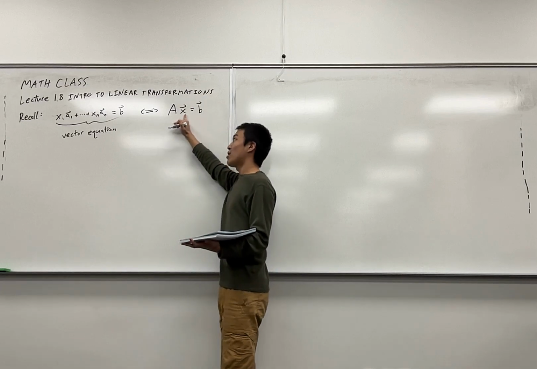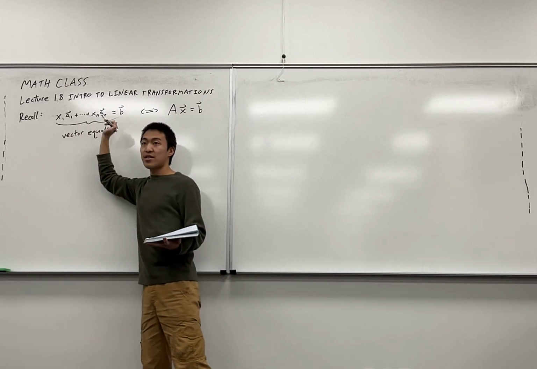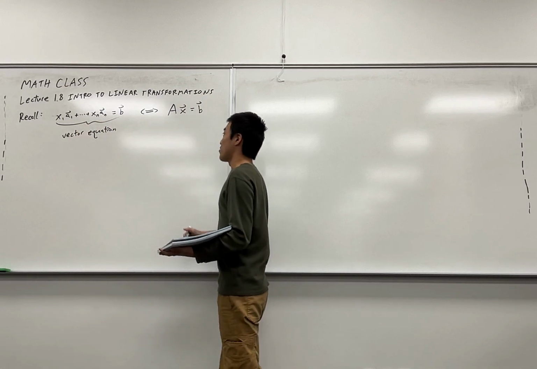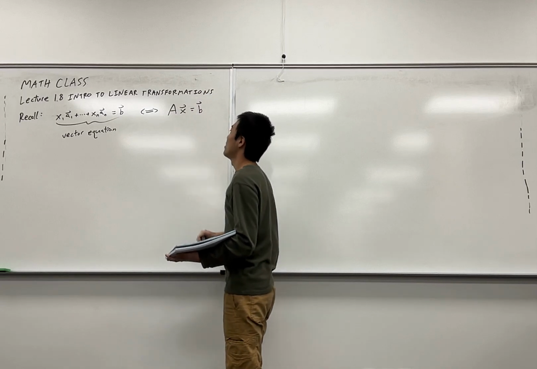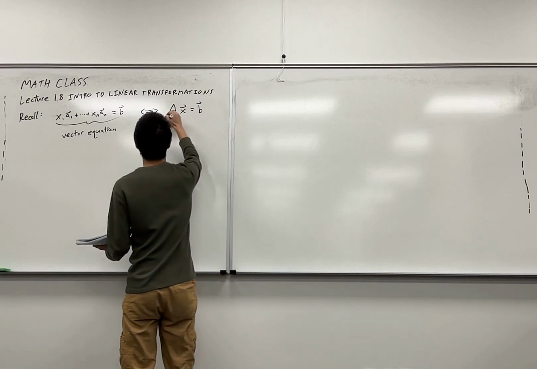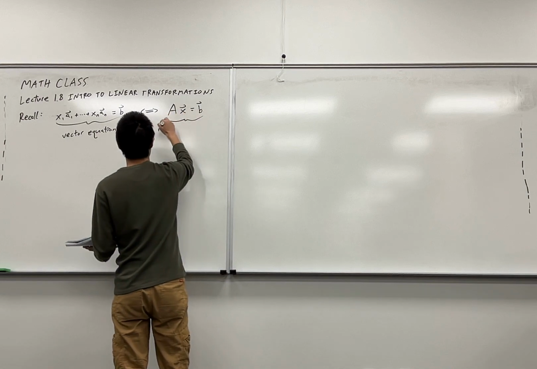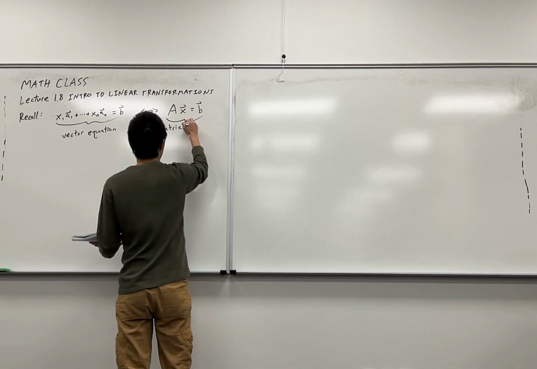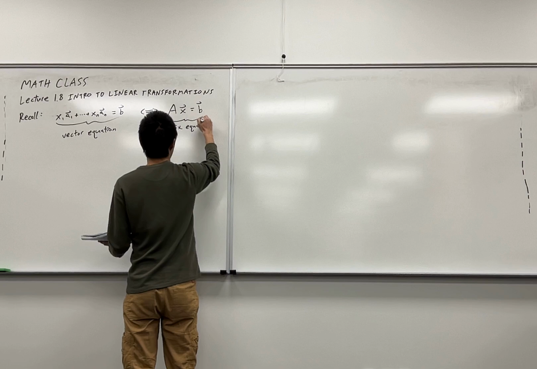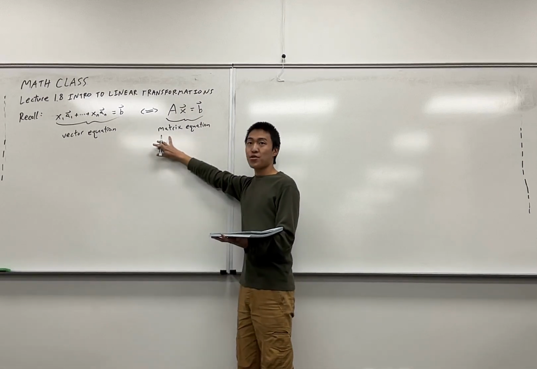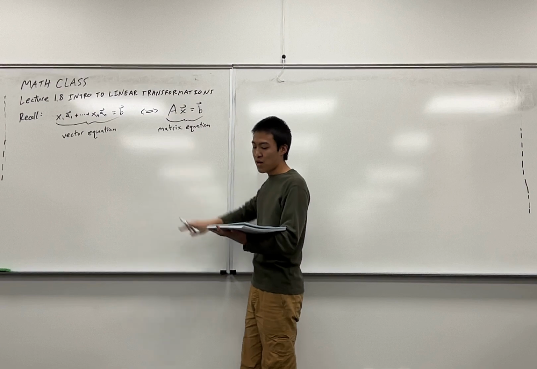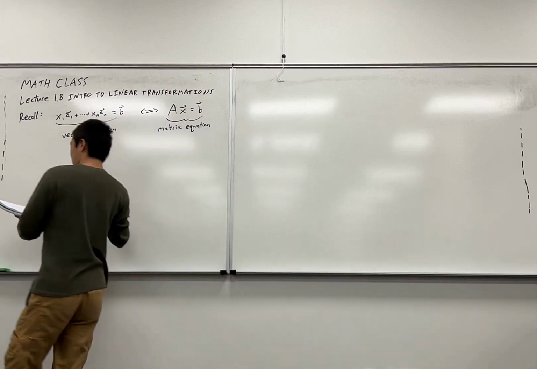And so you figure out, it's asking the same exact question. Does there exist weights x1 through xn? Does there exist a vector, essentially with entries x1 through xn, to make this work? So we call this one over here the matrix equation. So the only difference is vector representation versus matrix representation, but again, same problem, same concept, same solution set.